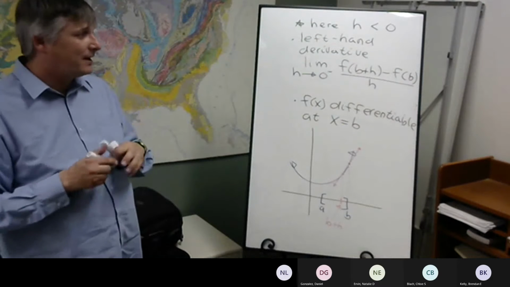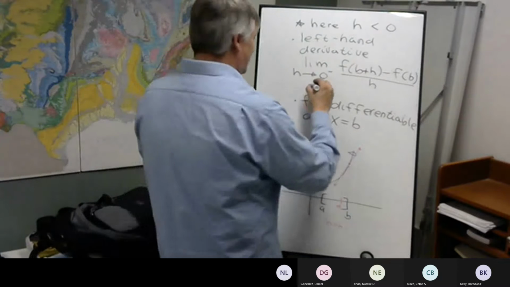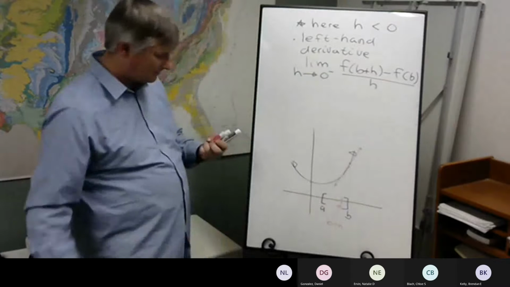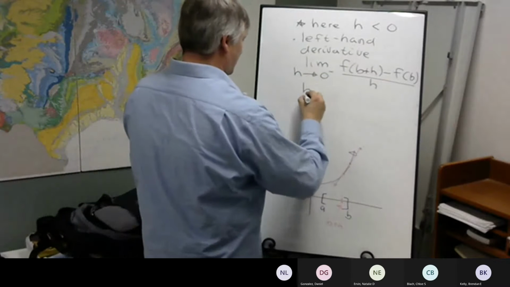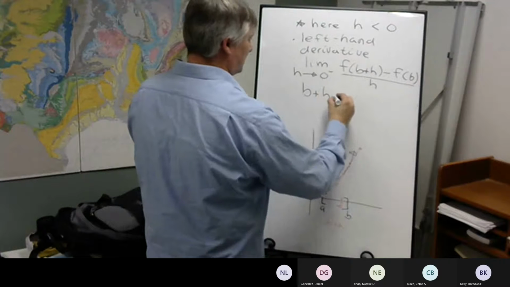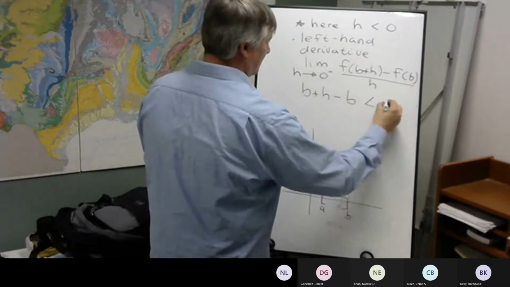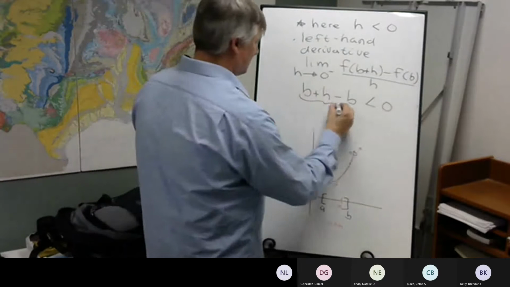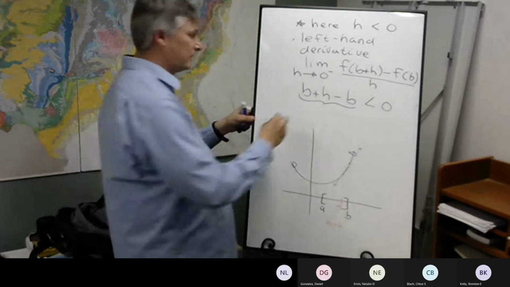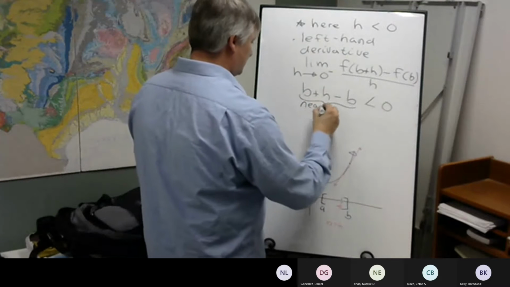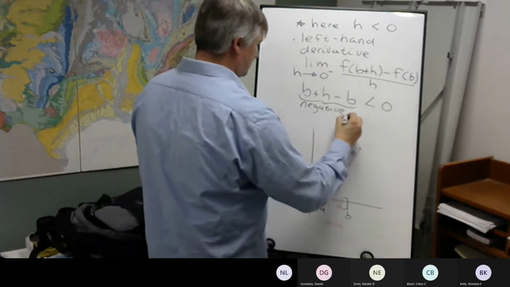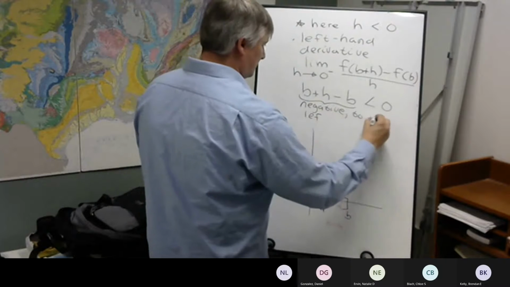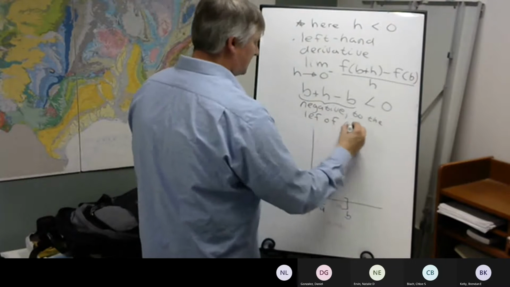And so what we're going to get is that here, b plus h minus b is going to be less than 0, or it's going to be negative, to the left of 0.